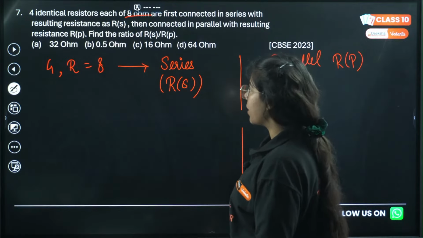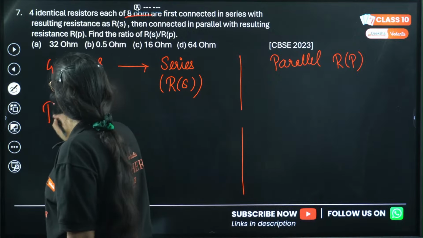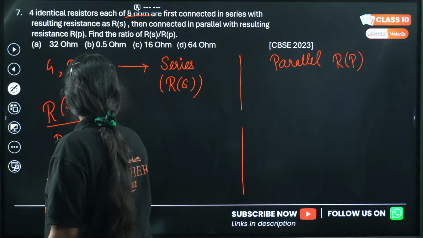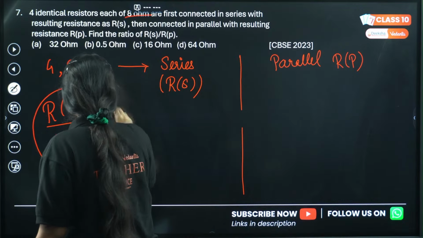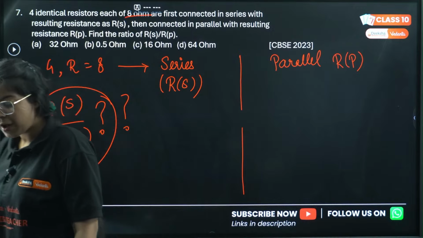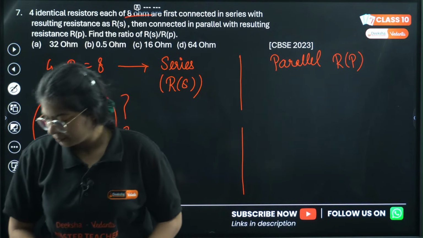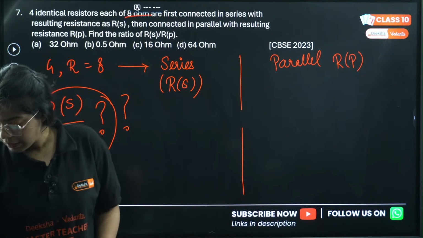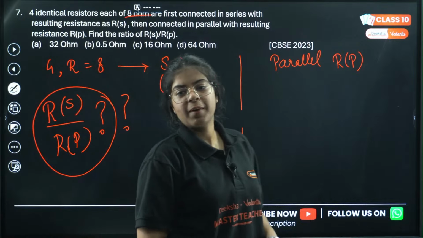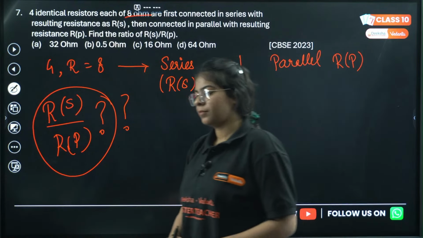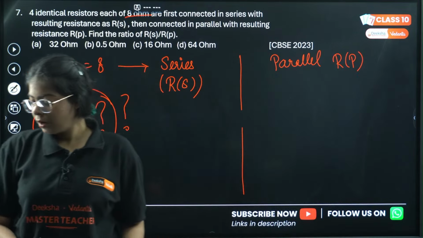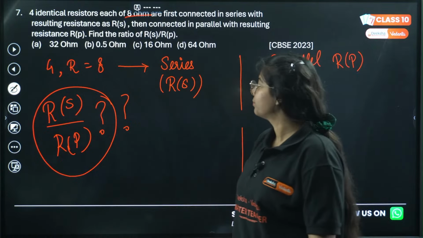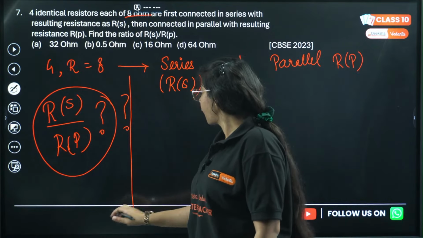We need to find the ratio of Rs divided by Rp. Can you guys find this? The ratio of Rs divided by Rp. 16 ohm, Amit is saying 16 ohm. Anyone else?